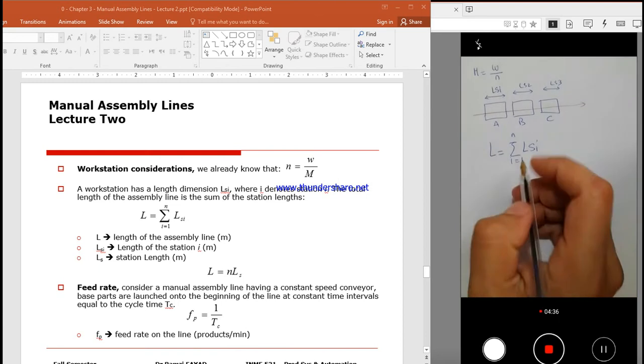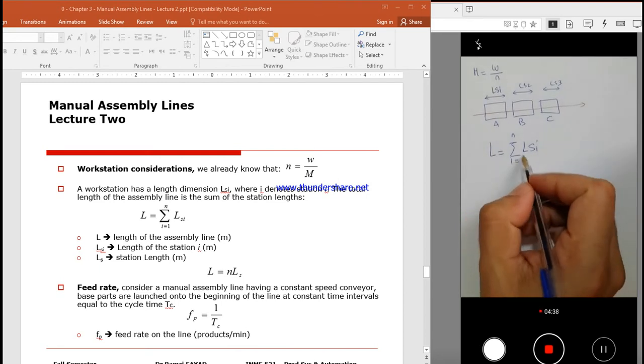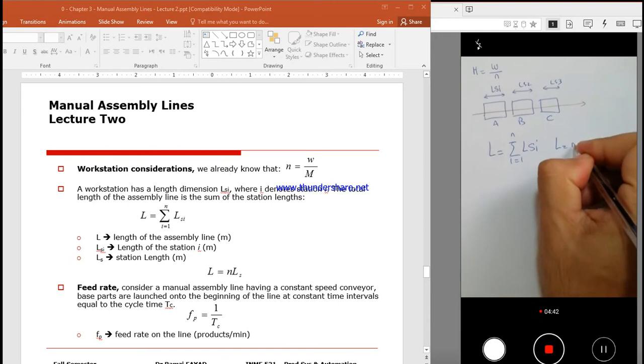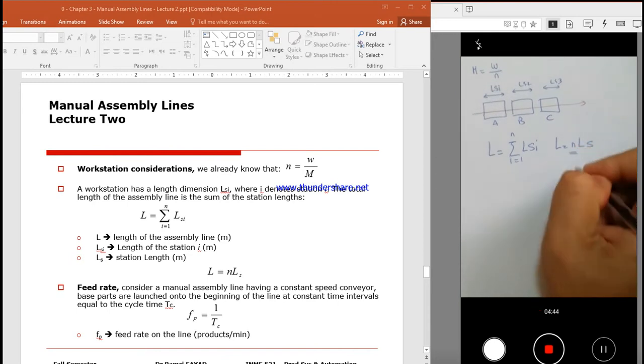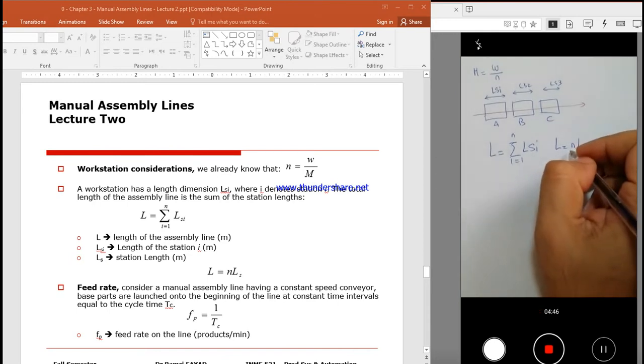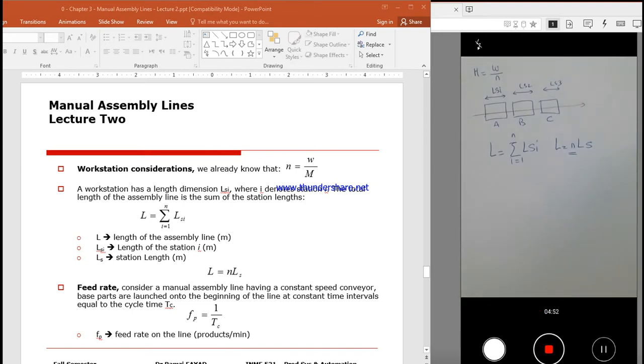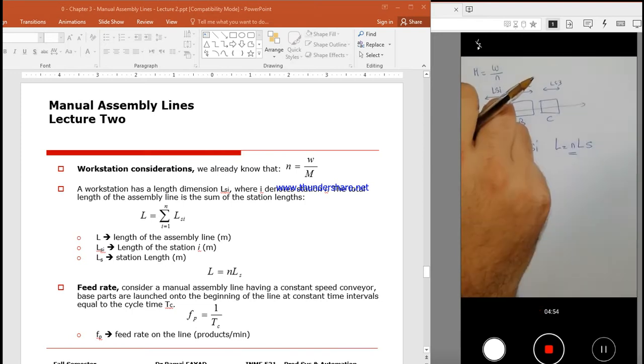So this is the summation of the lengths of all the stations. L is equal to N times LS, if we consider that LS is a constant or standard size of the station.